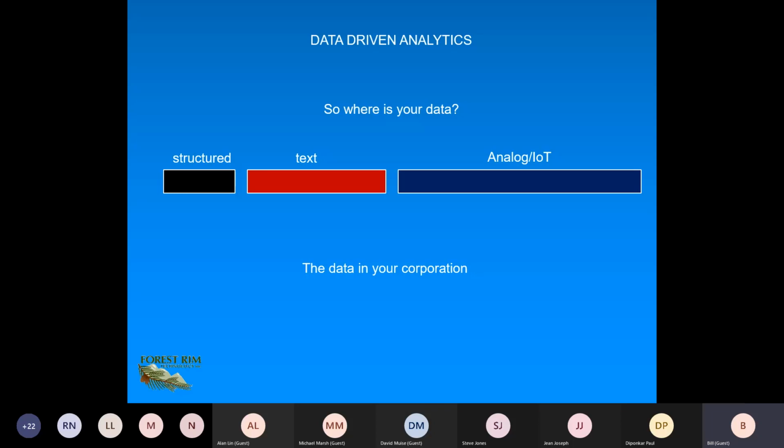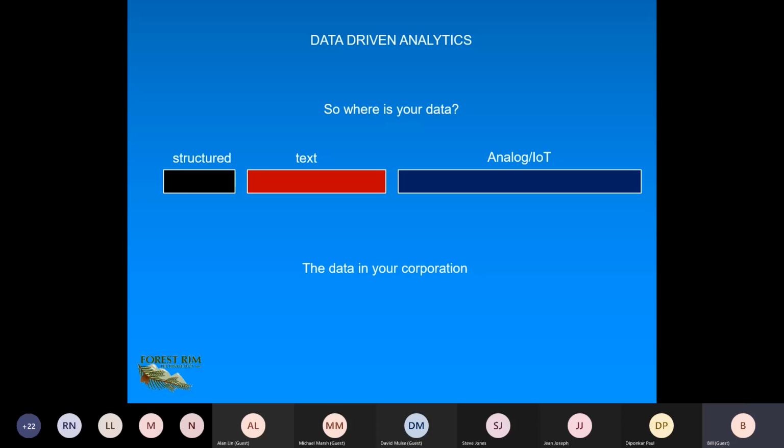If you're a retailer, it's every time somebody makes a purchase. If you're a telephone company, it's every time somebody makes a phone call. So the data in your structured environment repeats the same sort of thing over and over again, and because it is repetitive, the structure of the data is very uniform in terms of its content.